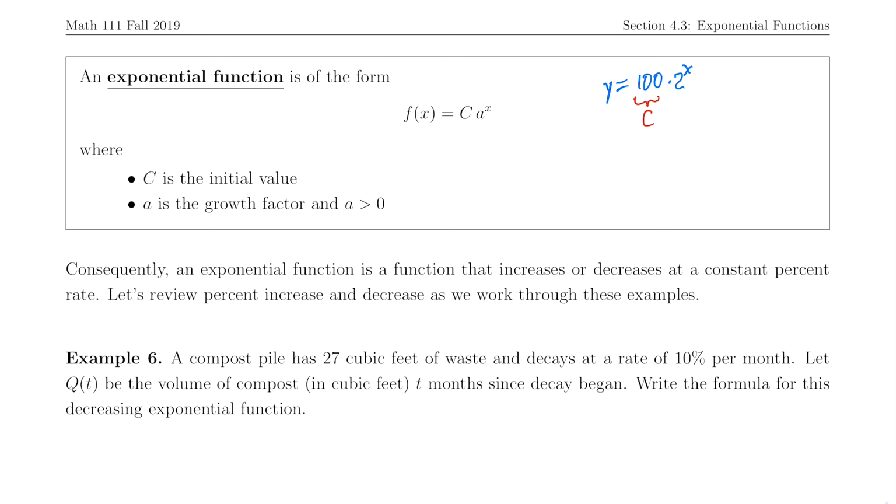Now, if we have a different situation, we might have 3 or 4, or we might have 1.06. So there are different numbers, and therefore we're giving that number the variable a, for any growth factor that fits the situation, and then to the power of x, because x is now our running variable.